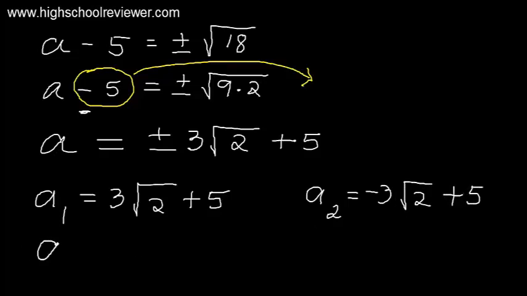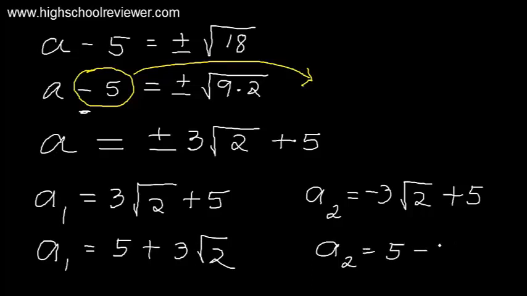So we can rearrange this. This will be 5 plus 3 square root of 2, and a sub 2 here will be 5 minus 3 square root of 2. So these are now our final answers.